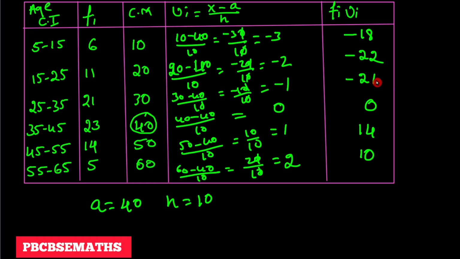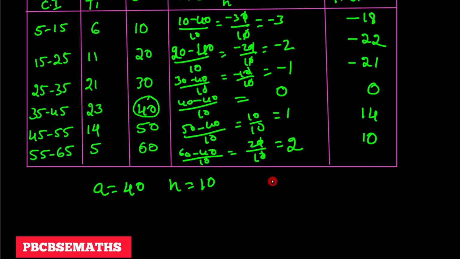To calculate the mean, we need the sum of this f i u i value and also of the frequency. So let's find out the sum of this given data. Here we can write summation of f i u i is equal to minus 18 minus 22, that is minus 40, minus 21 gives us minus 61, plus 24, which is equal to minus 37.